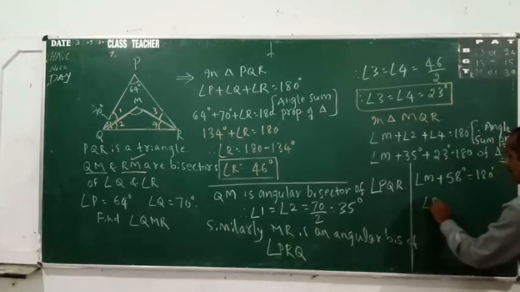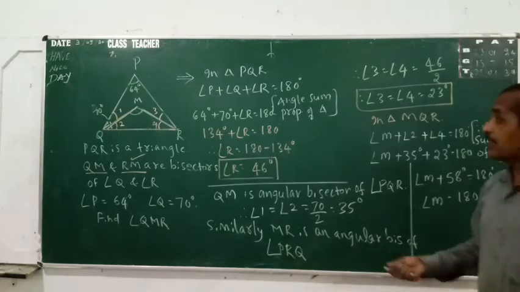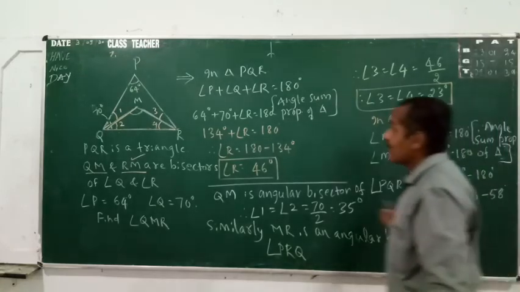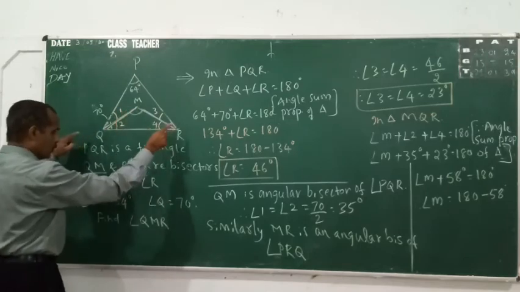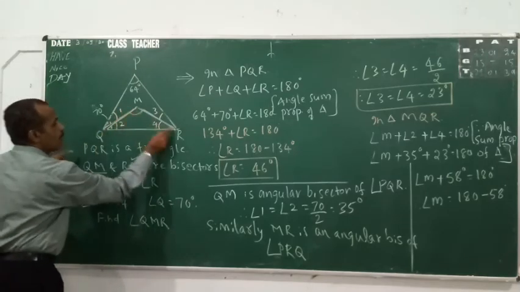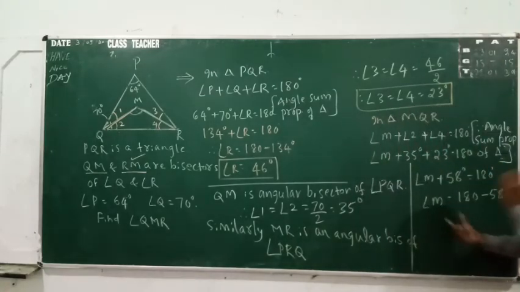Therefore, angle M is equal to 180 minus 58. Angle M means nothing but QMR.